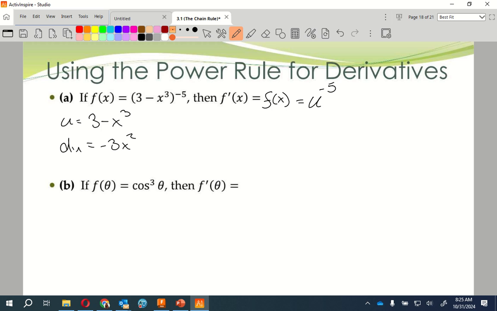So this is going to turn into negative 5u to the negative 6, and since I'm taking the derivative of something that is not there, I took a derivative of u, times du, or dy dx. And this is going to come into play in my integration also. So that's a derivative of u.